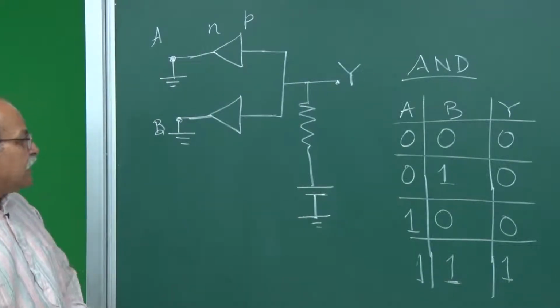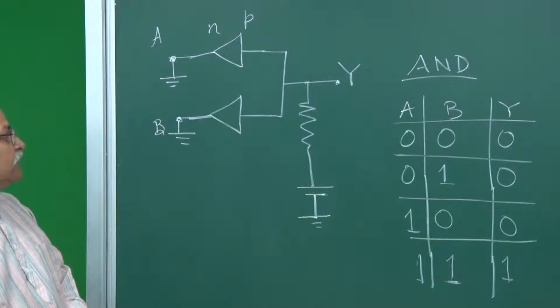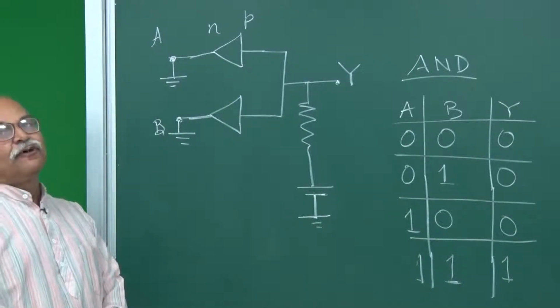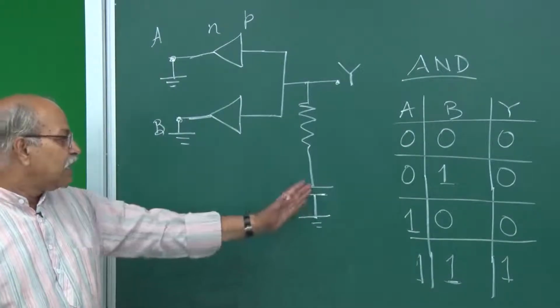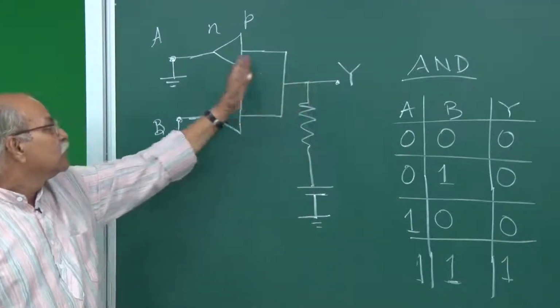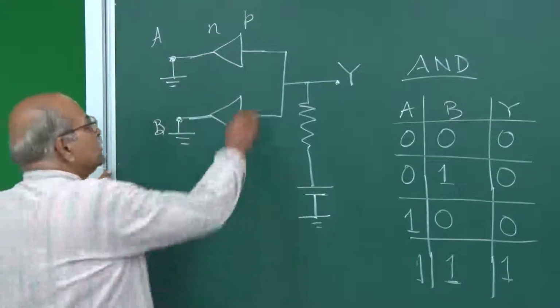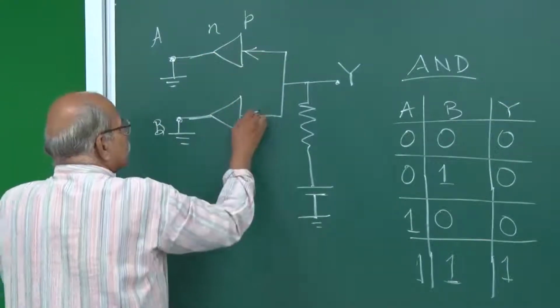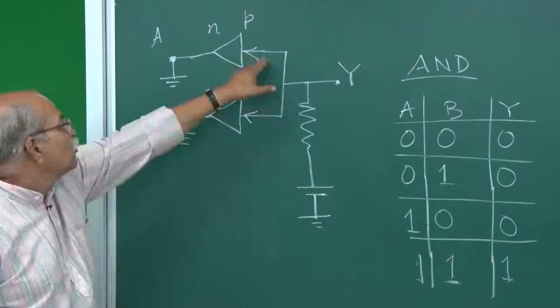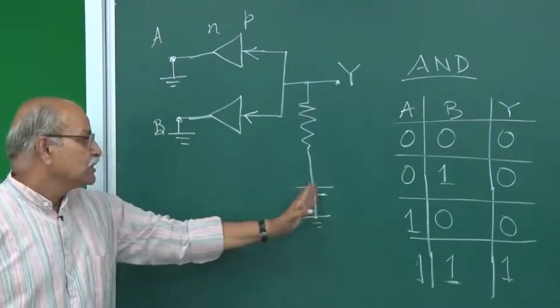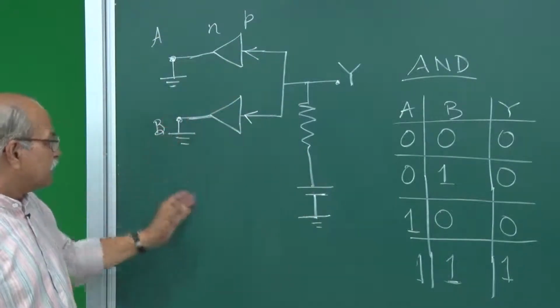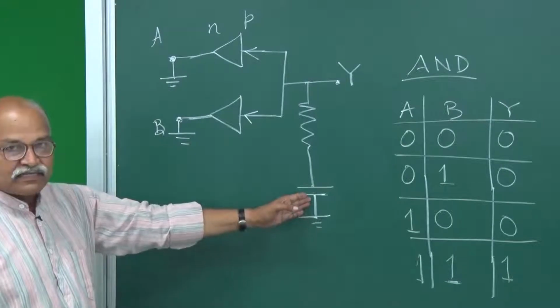So in this case, both the diodes are forward biased. You have a higher voltage here and a lower voltage here, so it is forward biased, and therefore you have current through this diode. The current goes like this and then it comes back and goes into the battery. The current goes like this and comes back and goes into the battery.